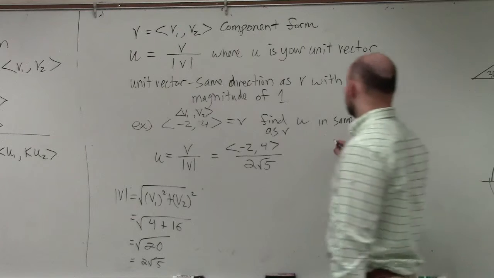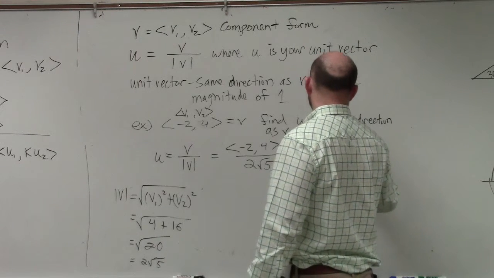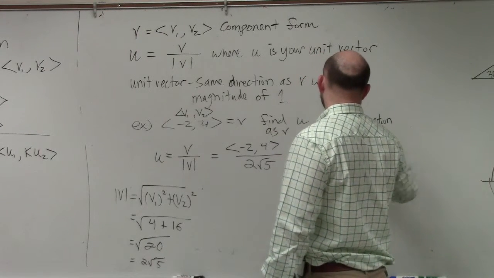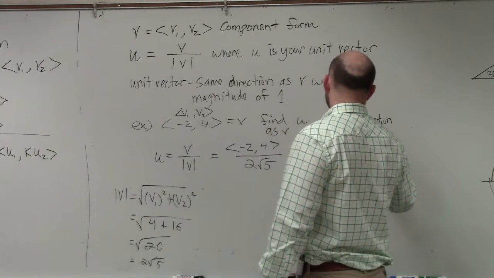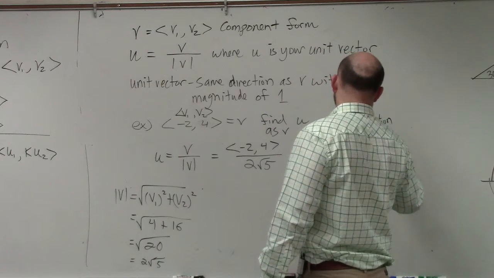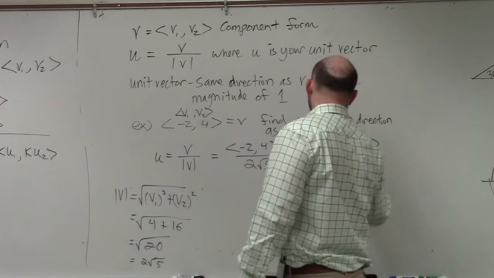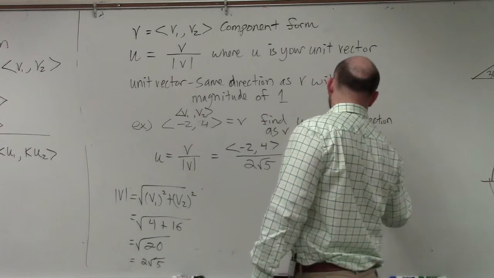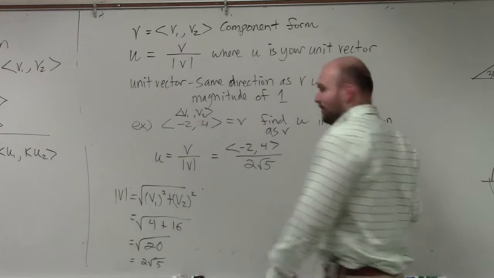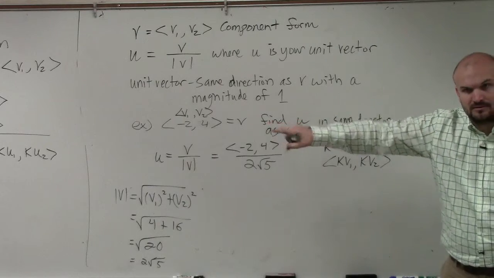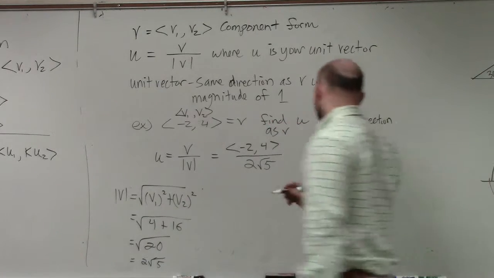Well, guys, if I said k times v1 comma v2 was equal to k v1 comma k v2, everybody agreed with that, right? Yes? OK, well, let me ask you another question.